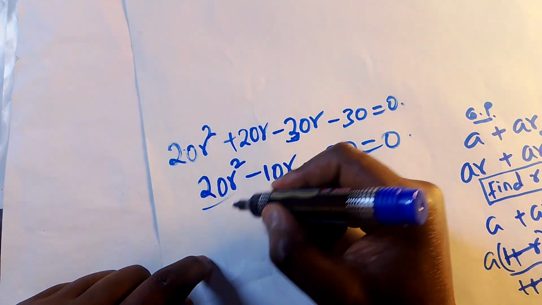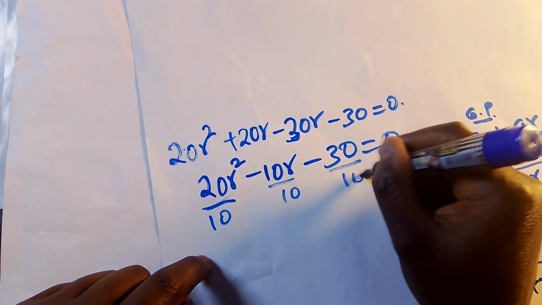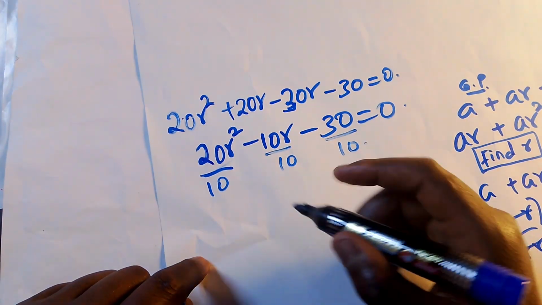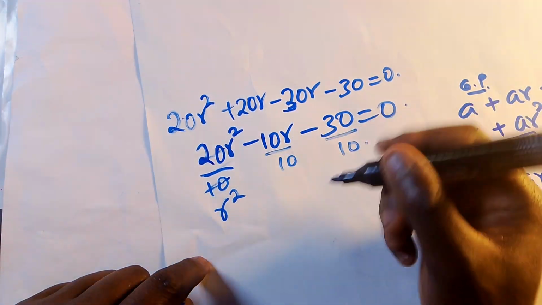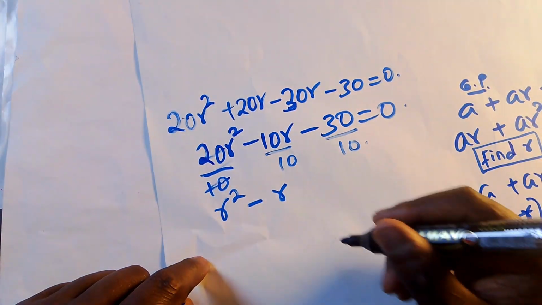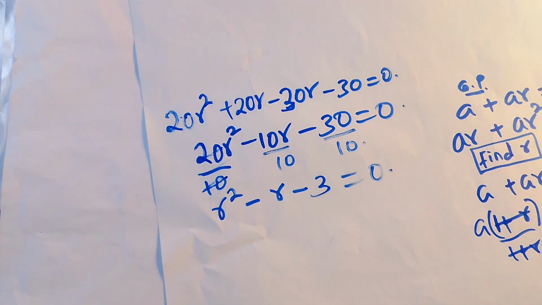We can divide everything by 10, and when we divide by 10, we get r squared minus r minus 3 is equal to 0.